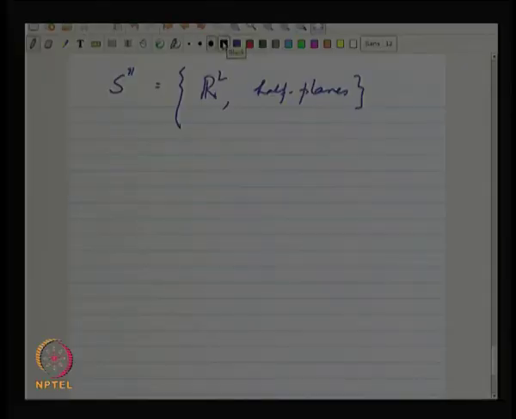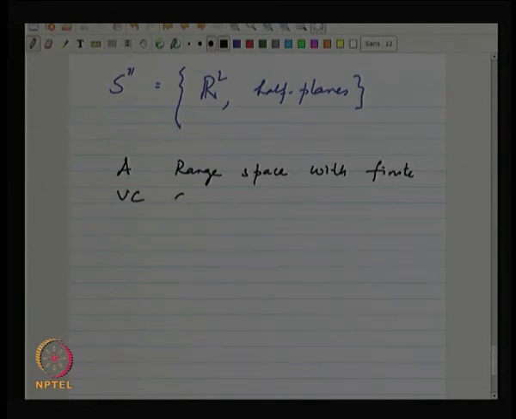I should probably end today with this remark: VC dimension is a very crucial property of many subset systems. What we will eventually prove over the next 2 lectures is that a range space with finite VC dimension has an epsilon net.